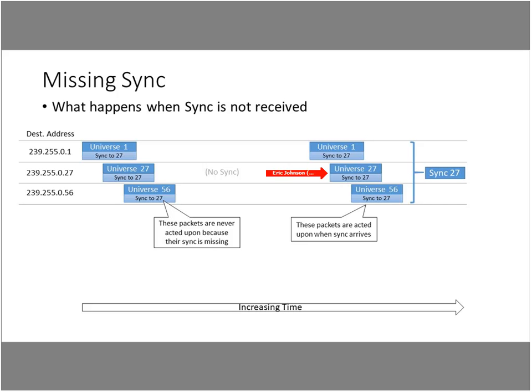But in this case, I've sent out my 3 universes of data, but there was no sync packet. And then I get another packet of data for those 3 universes, and then I get the sync packet. So what do I do here? In this case, the first packet of data that comes in, you throw it away.